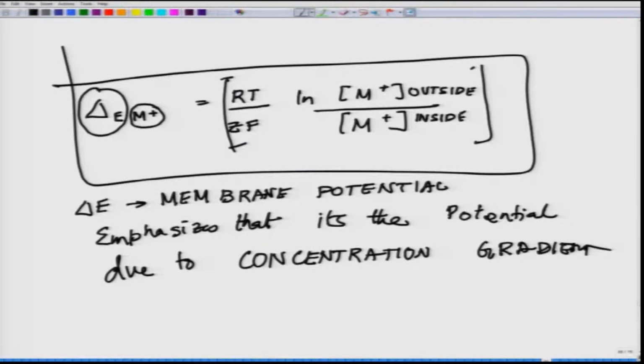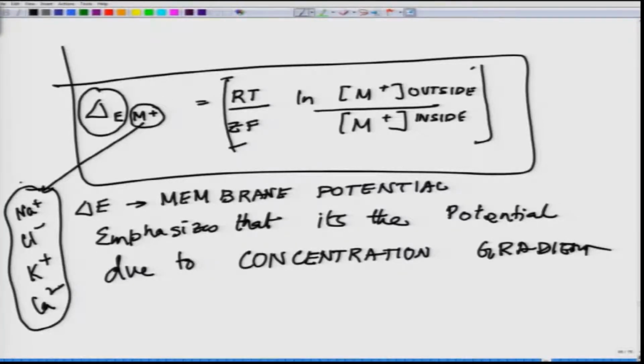So, the situation can be analyzed in the same manner as the concentration cell to show that for any ion M plus, it could be sodium, chloride, potassium, calcium, whatever ion is involved in it, the membrane potential delta E M is given by RT upon ZF, natural log, which you can translate into log to the base 10, of M outside to M inside.